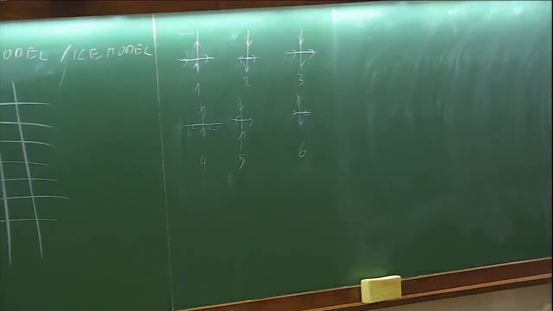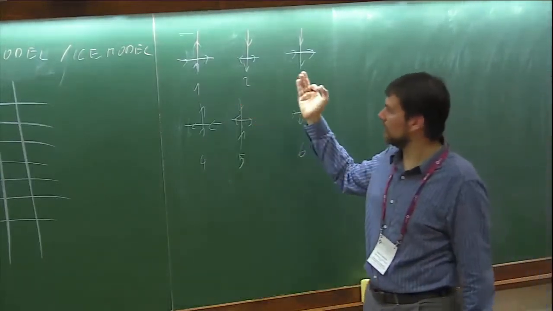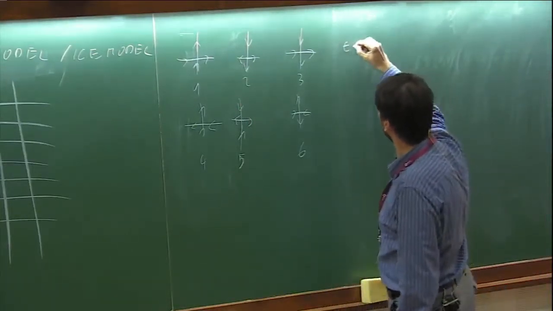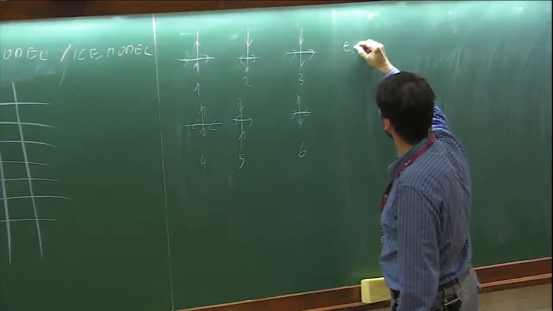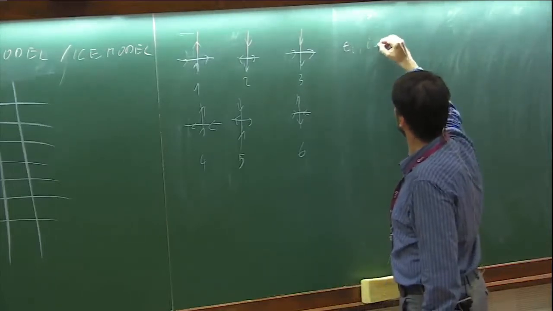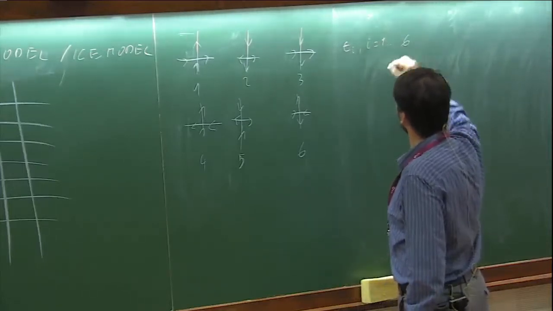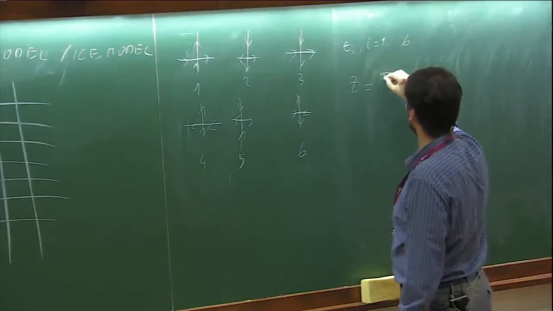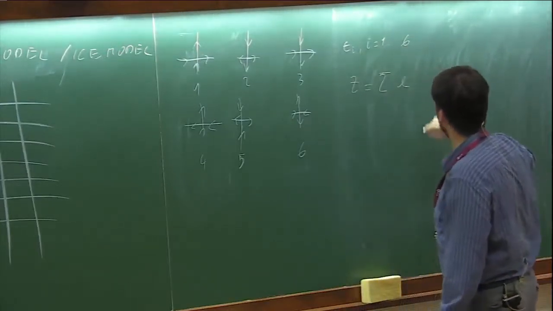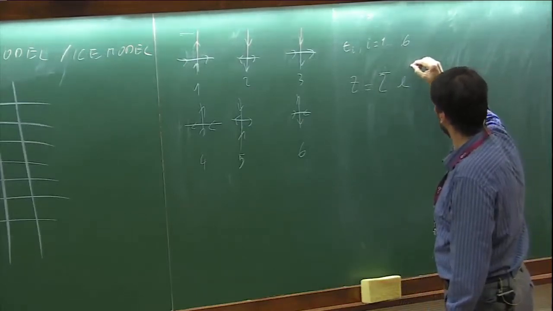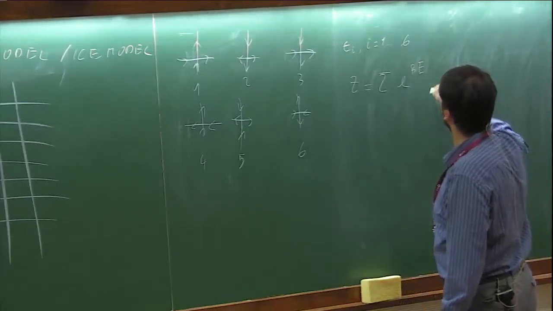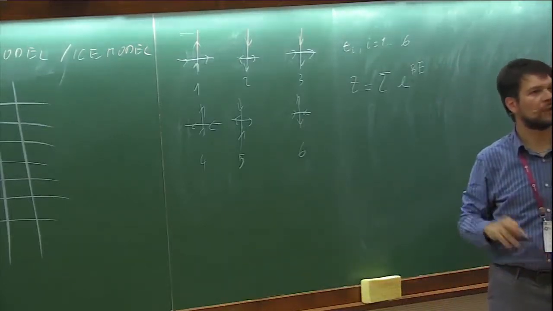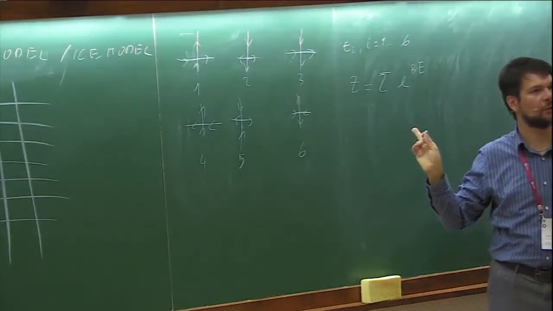And then to each of them you give a Boltzmann weight. So you give an energy epsilon i from 1 to 6. And you construct your partition function as the sum over all the energies that you can have.